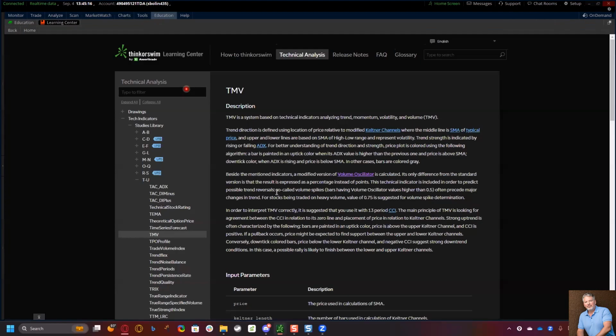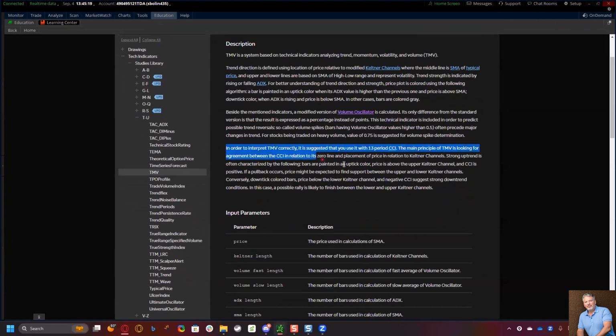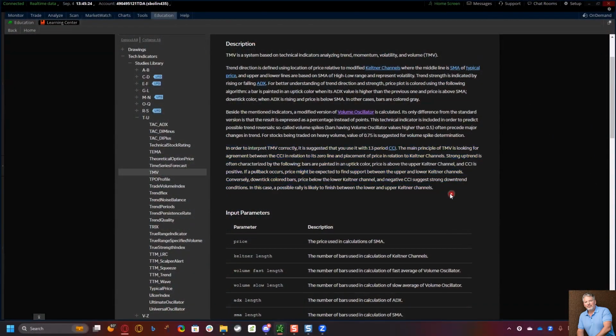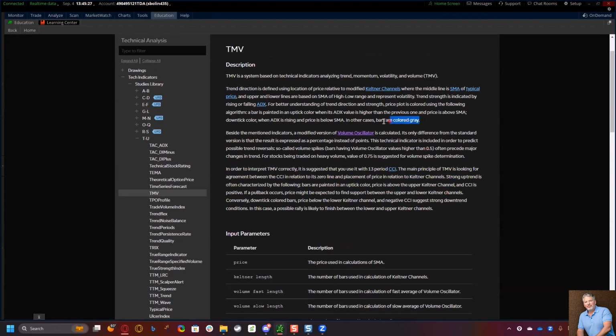So if we go back to the education here, it talks about interpreting the signals that we see and when the signals would turn the candle color gray, where it would turn them red, and where it would turn them green. And all of that language is right here. So all I did is took that language and put it into the labels so that if the colors turned gray, you would know why, or if it turned green, or if it turned red, that you would know why, okay? In a nutshell, that's okay.